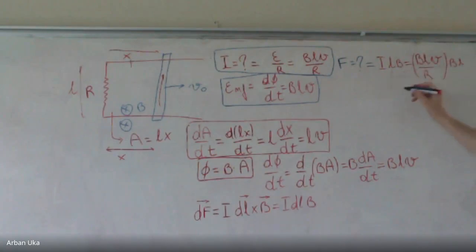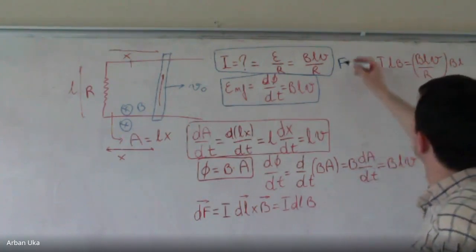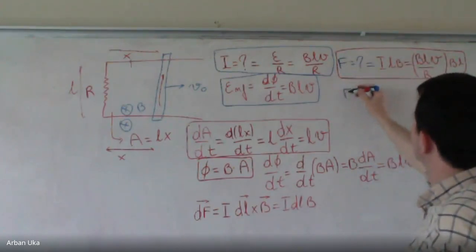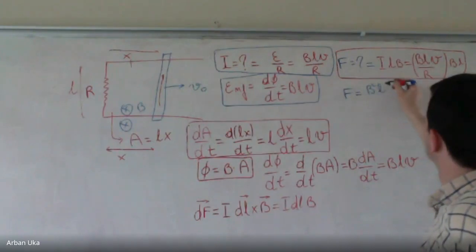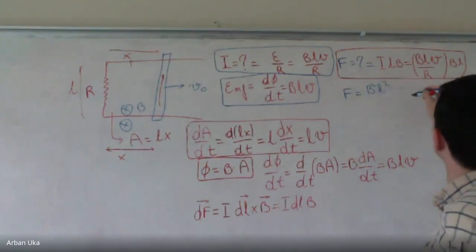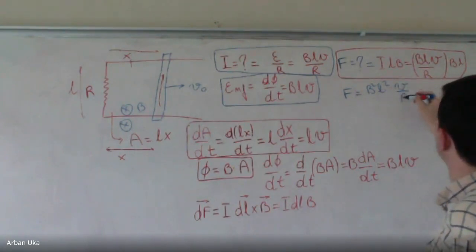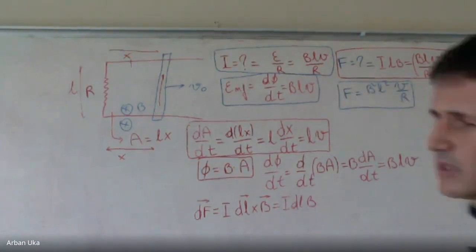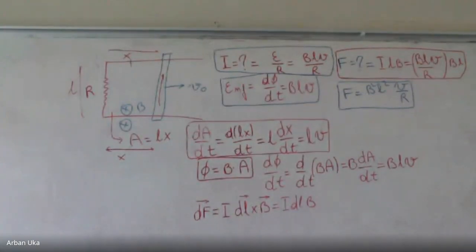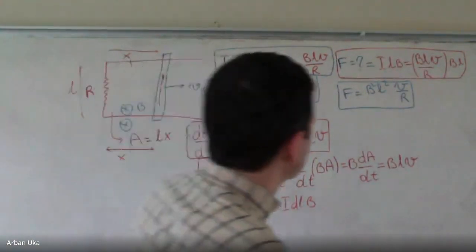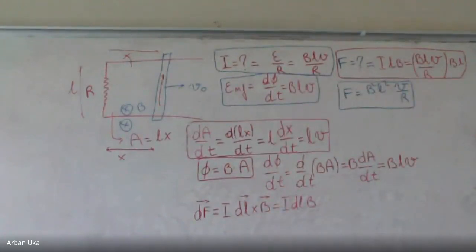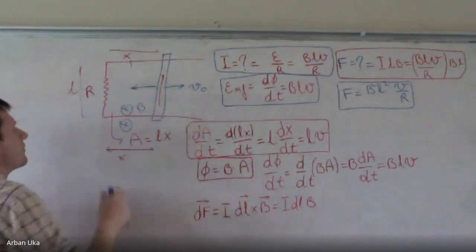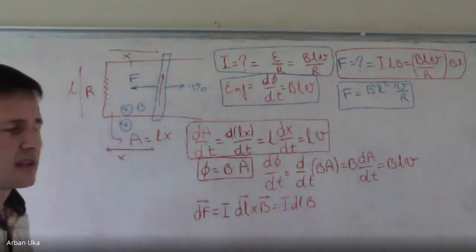There are these two terms, so it looks like the force is equal to B squared L squared times V over R. So we found the force, and this force is going to point like this.